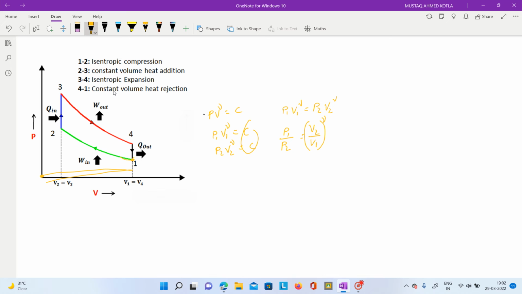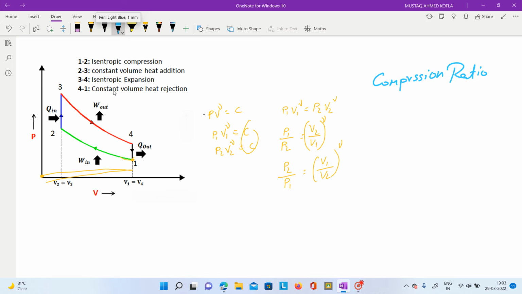Okay, we have one equation. If you write P2 by P1 equals (V1 by V2)^gamma, right? But in problem perspective they will give the compression ratio. What is compression ratio? It is the change in volume.